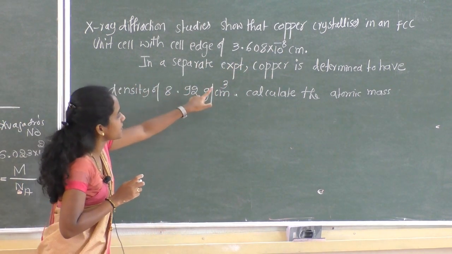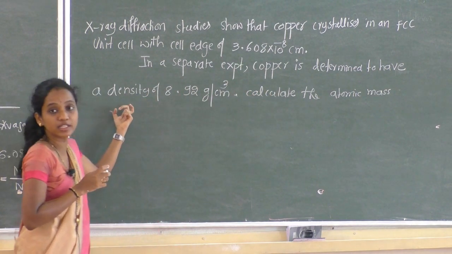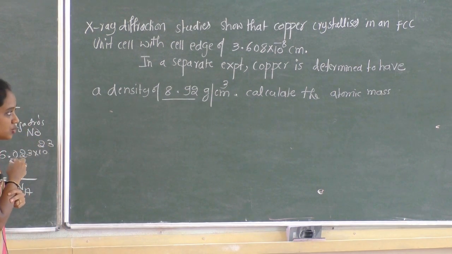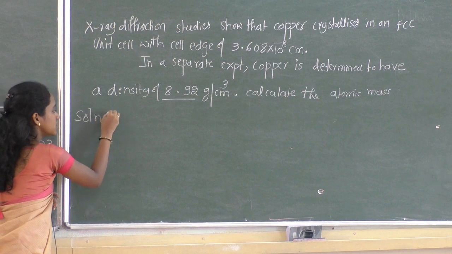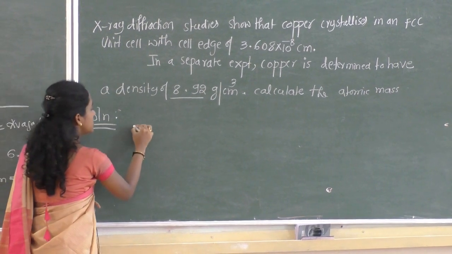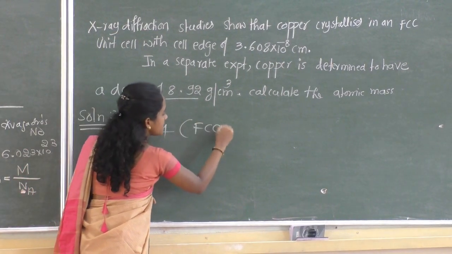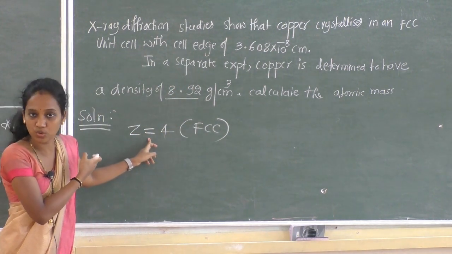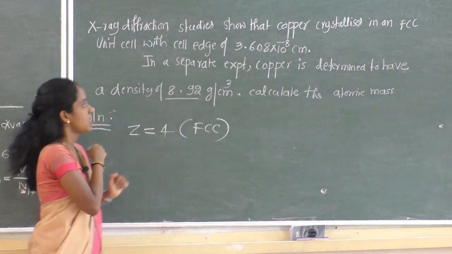In a separate experiment, it was found that copper has a density of 8.92 gram per cm cube. So before solving the problem, write the data here. Z value is 4 because the unit cell is FCC. If it is BCC, then we have to take the value of Z as 2. If it is a simple unit cell, then the value of Z is always 1.